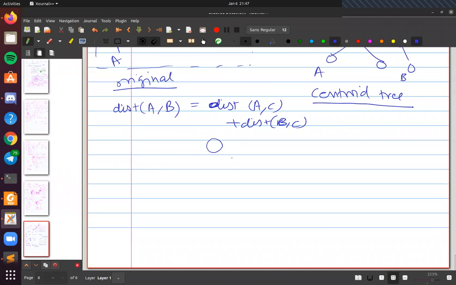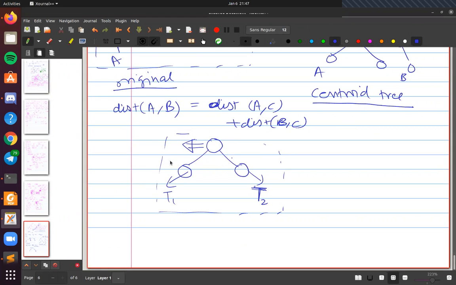So now consider centroid decomposition. If I decompose this, these two are some subtrees T1, T2. So this is my tree. Now if I decompose this, then T1 and T2 will be present like this in the centroid tree.